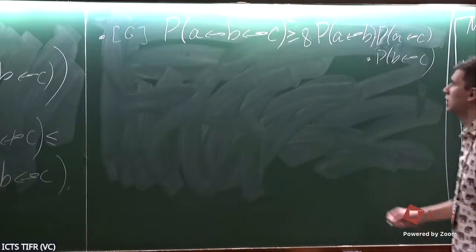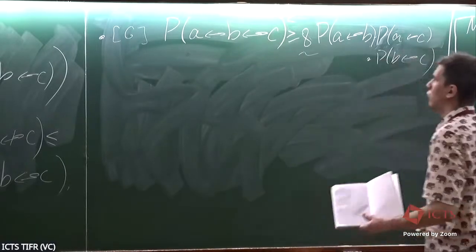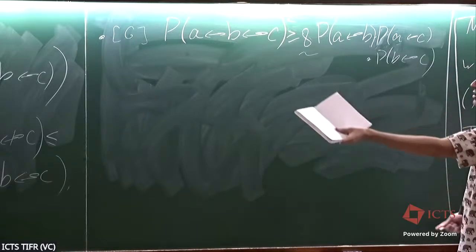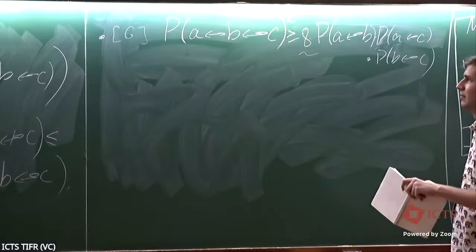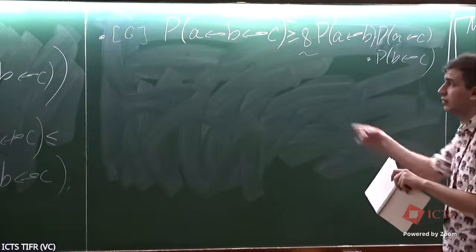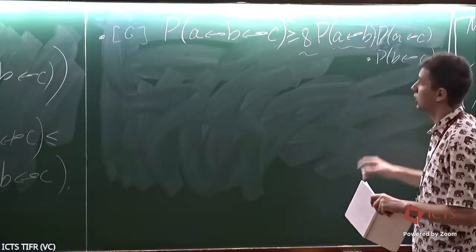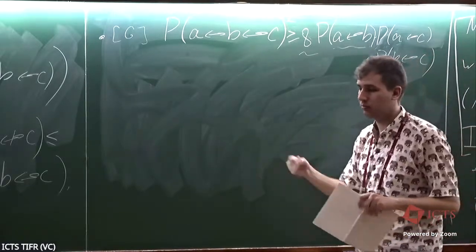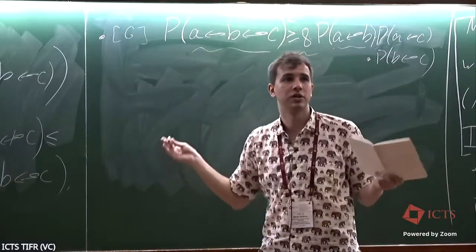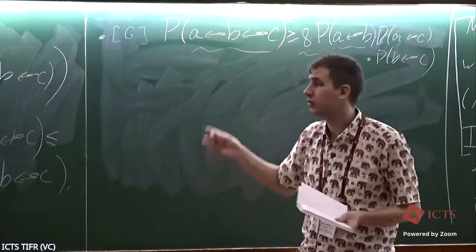So, well, this 8 is kind of unfortunate. Well, at least this can be applied to small probabilities. If we know that the 2-point function decays like power p, then we know that this thing decays as a power p to the 3 halves.